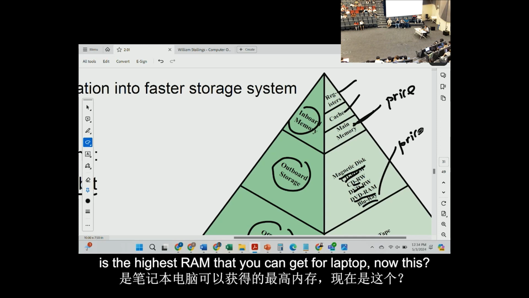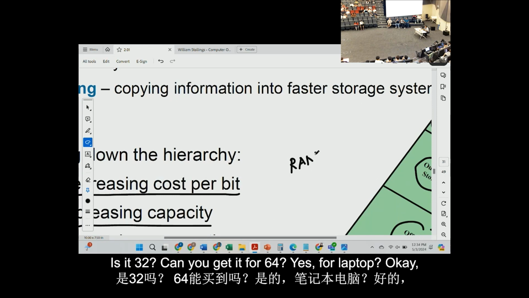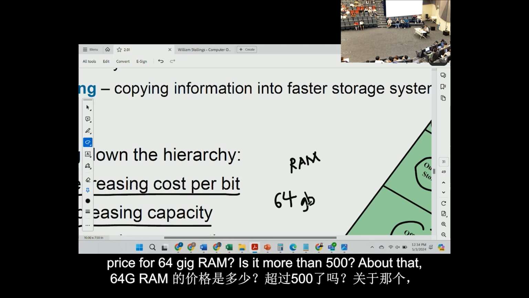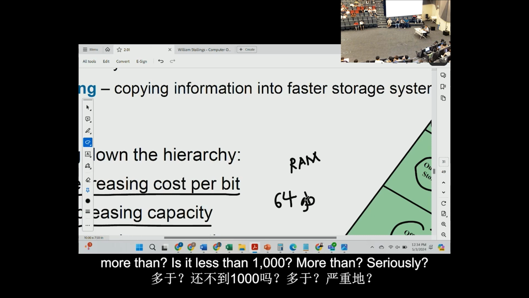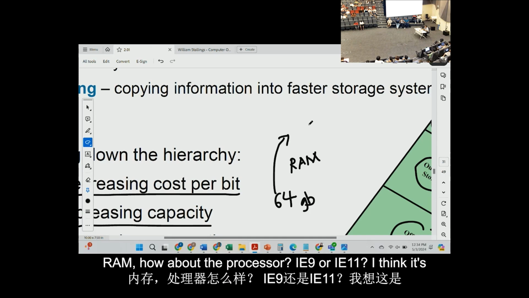So what is the highest RAM that you can get for a laptop nowadays? Is it 32? Can you get it for 64? Yes, for laptop. How much did it cost you? Do you know how much is the price for 64 gig RAM? Is it more than 500? Is it less than 1,000? I'm sure that if the laptop is using 64 gig of RAM, how about the processor? i9.